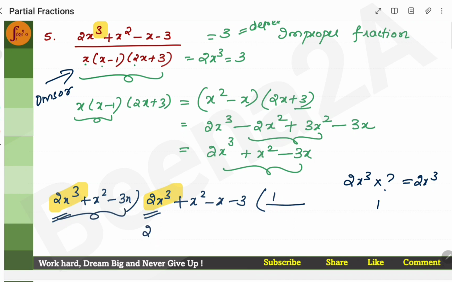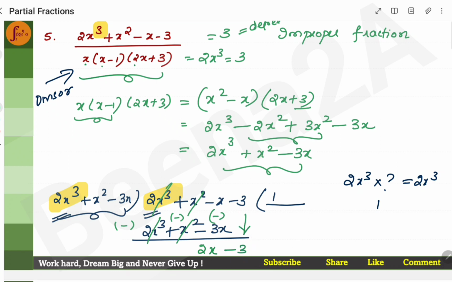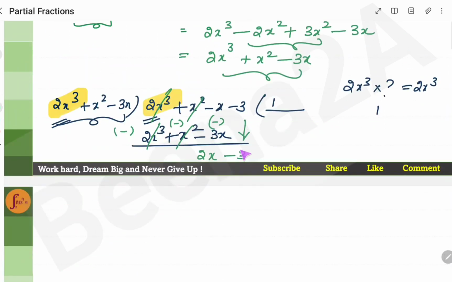So 1 into 2x cube plus 1 into x square, 1 into minus 3x. Now I'll subtract the whole thing. This will get cancelled. This also will get cancelled. Minus x, minus and minus will become plus. Plus 3x minus x. So it will be 2x. And I'll carry forward this minus 3.